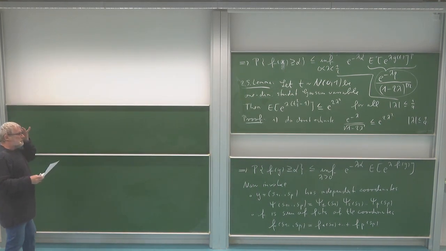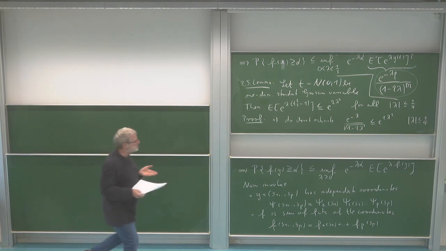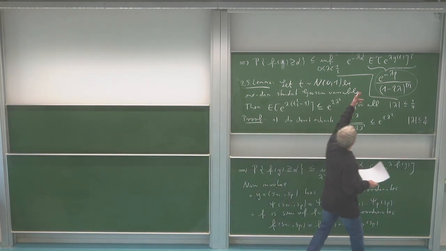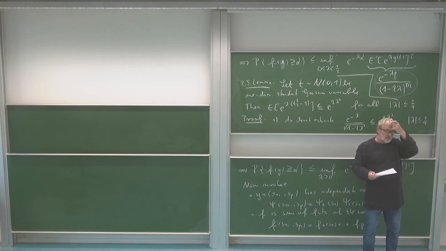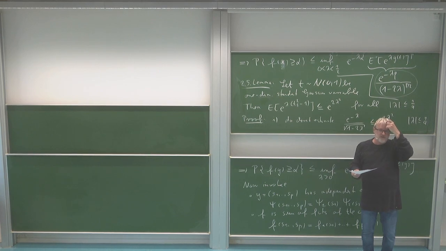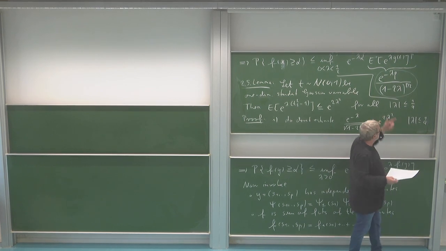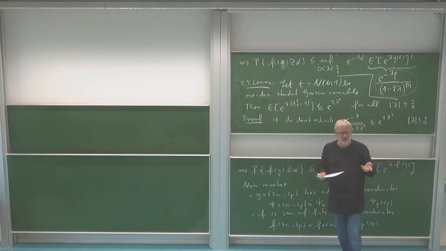Another way, which maybe tells you more why you have something like this, is if you look at the moments. This function here is a generating function in the moment, so if you have estimates for the moments, they should correspond to estimates for the moment generating function.